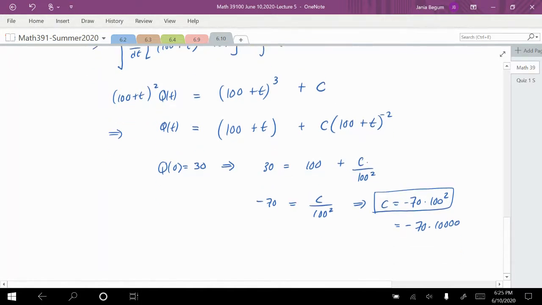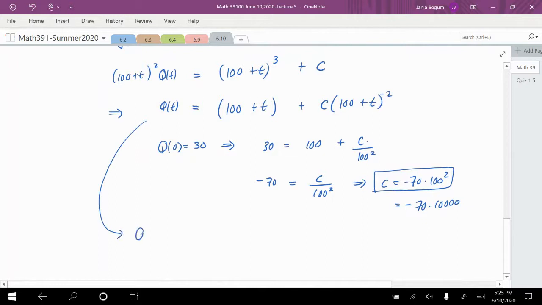So what is our Q of T then? Our Q of T for part A is going to be 100 plus T plus C, which we just computed: negative 70 times 100 squared times 100 plus T to the negative 2.